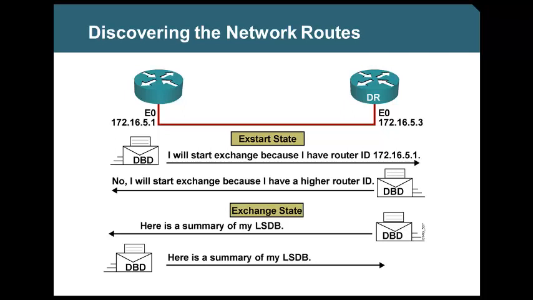Why is it called exstart state? You see, the next state is called exchange state. In order to go to this exchange state, to exchange the DBD, the database description of the LSDB, link state database, one should be a master or a DR, and the other should be a slave or DR other.